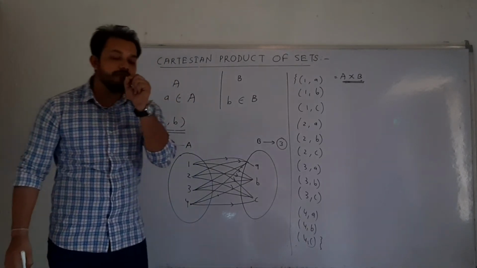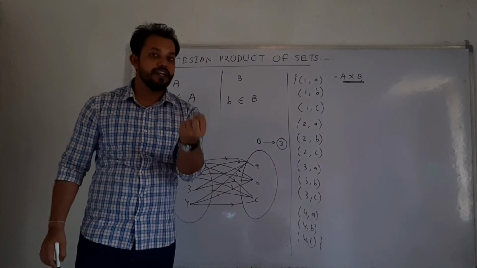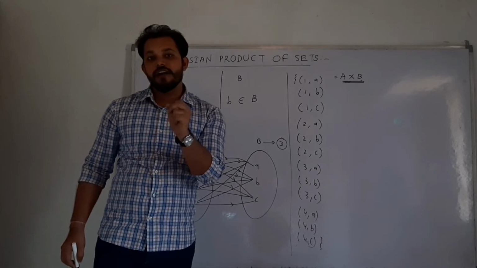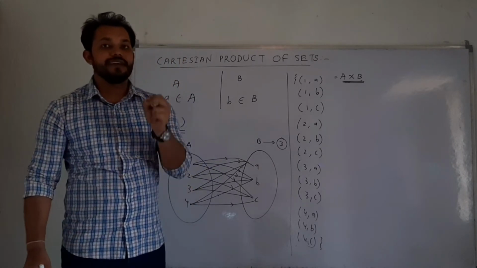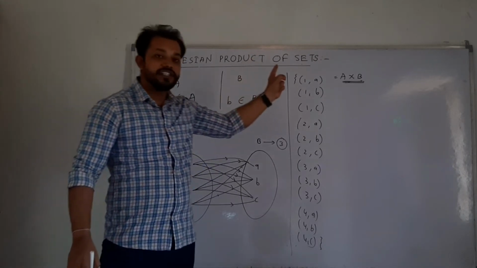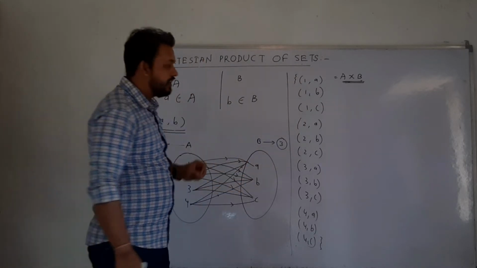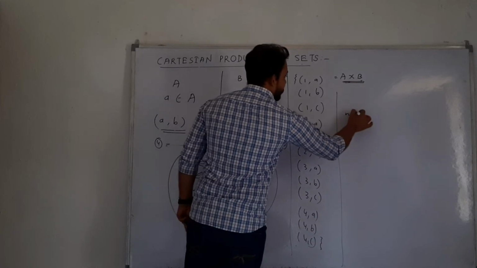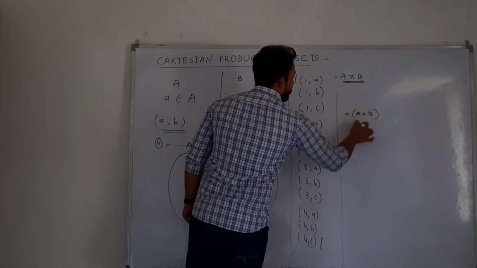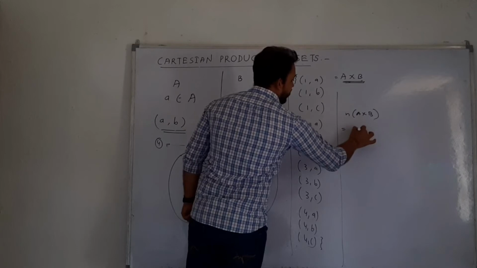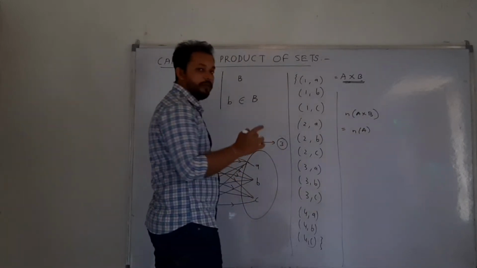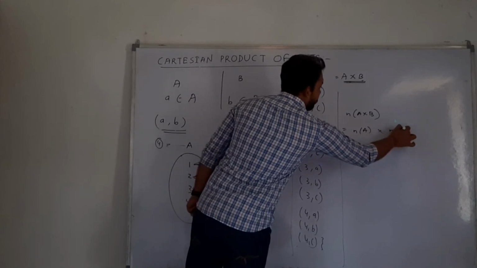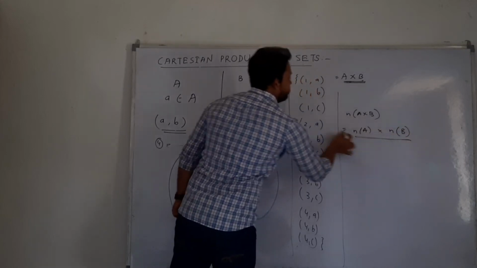So if you know the number of elements in the two sets, then you can find the number of elements in the Cartesian product. That means we can write n(A cross B) is equal to n(A), the number of elements in set A, into n(B), the number of elements in set B.